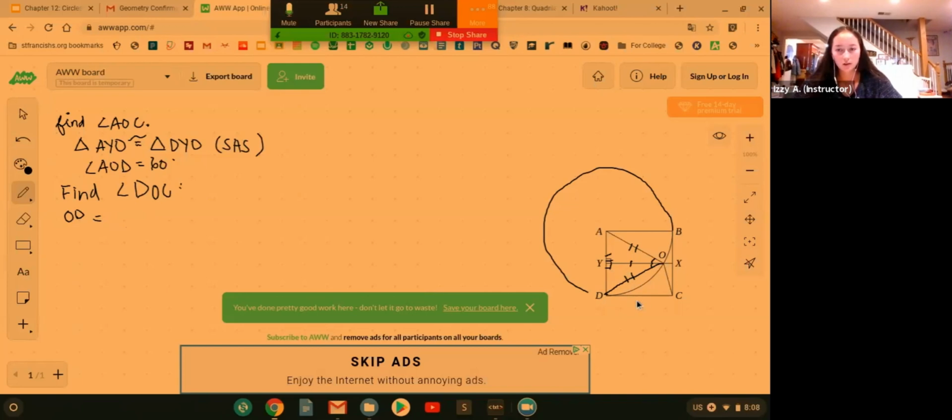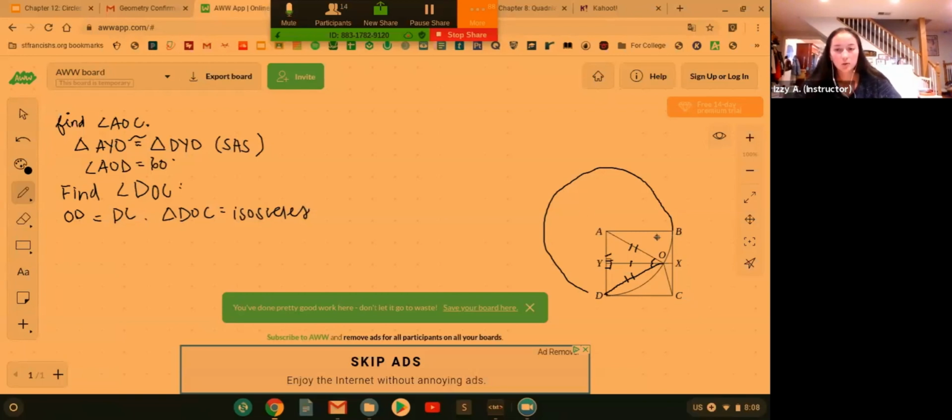I can't draw down there, so just imagine that there are two tick marks. So OD would be equal to DC, and this would mean that DOC is an isosceles triangle.